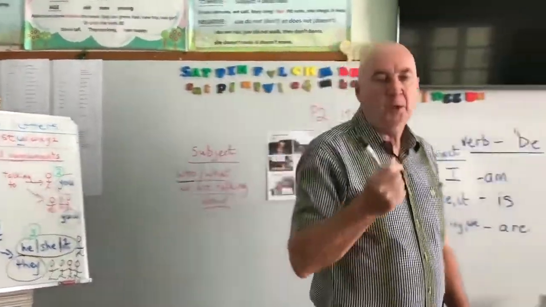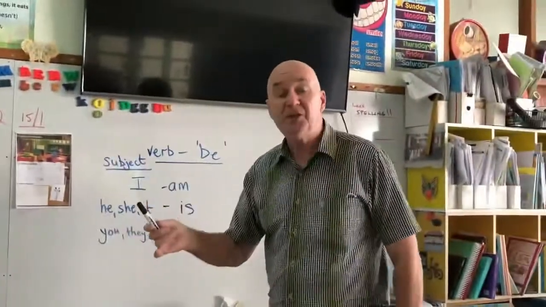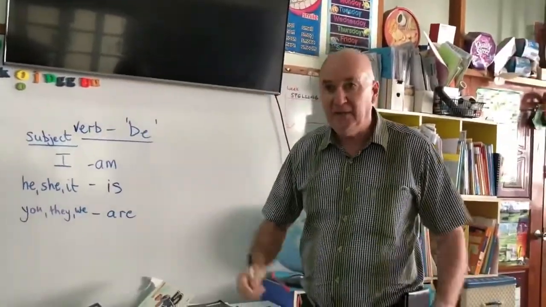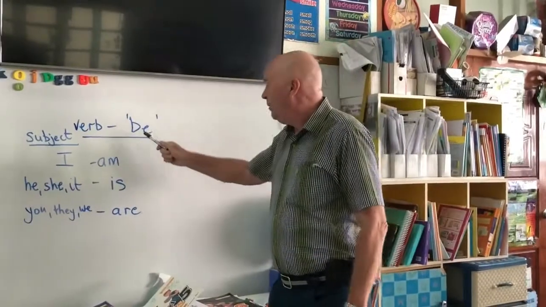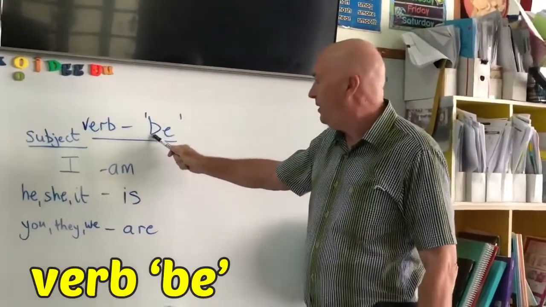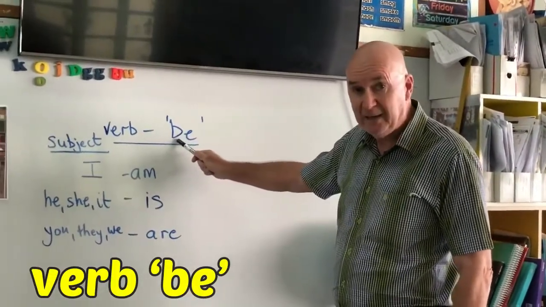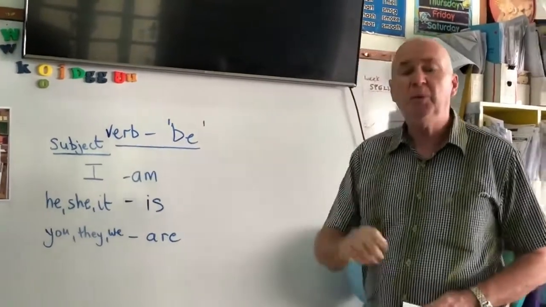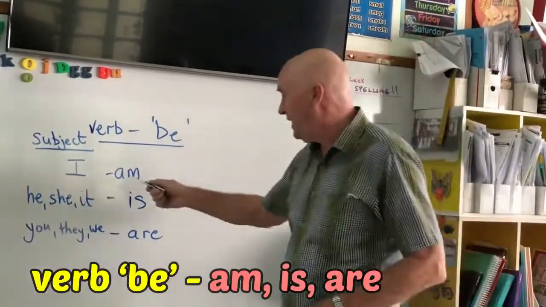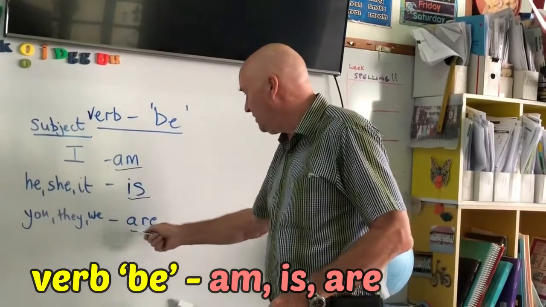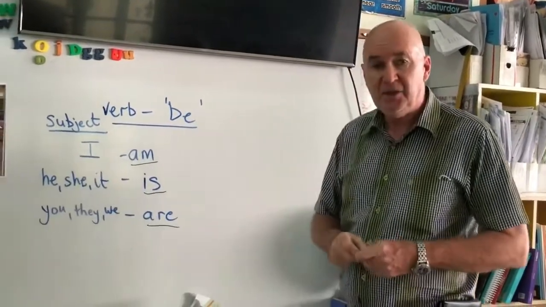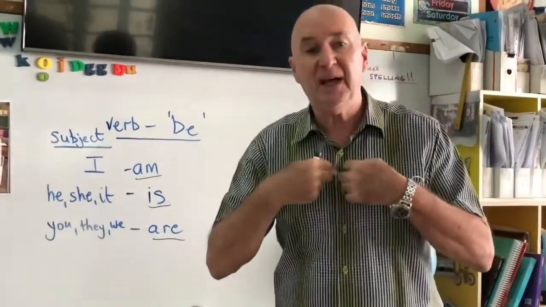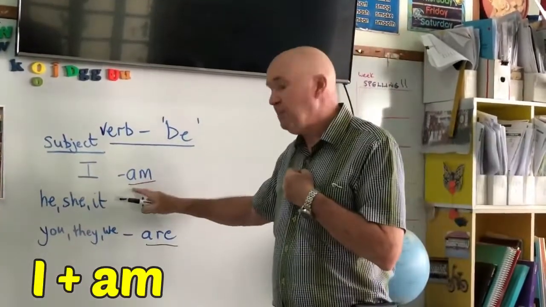Now, when we're talking about what somebody looks like, how tall they are, how they feel, then a lot of the time we use the verb that is called be. Now it's called be, but we don't say be, we say am, or is, or are. So every time you're talking and you say I, it goes with am.